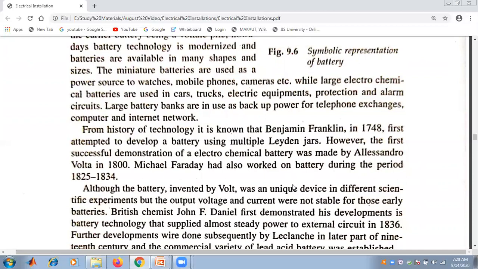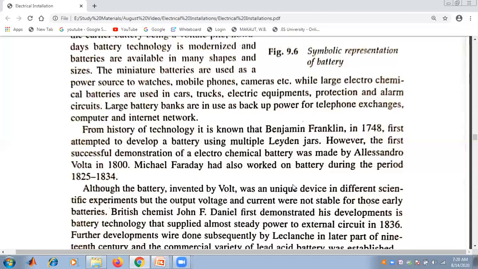It was the first attempt to develop a battery, and the first successful demonstration of an electrochemical battery was made by Alessandro Volta in 1800.